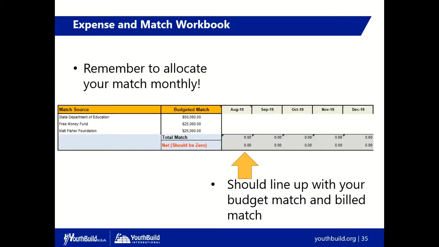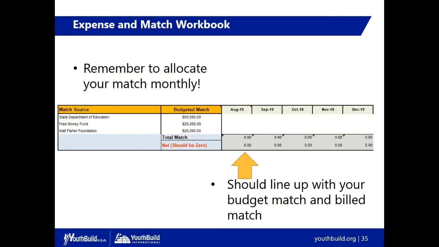And this is where you're going to report and allocate your match monthly to us. So you should have all of your match sources that you have on your budget there on your match workbook. And each month as you report match, you will be going to the bottom and inserting and allocating the amount of money to each match source that you spent. So for example, if you spent $5,000 in August, you would allocate that $5,000 between all three of the match sources here.